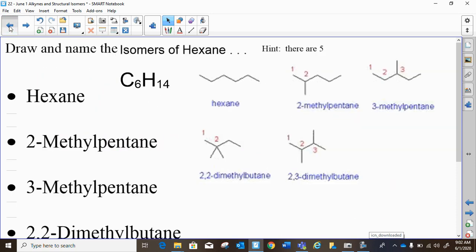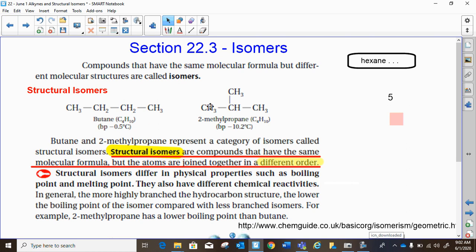Structural isomers, as I said, have the same molecular formula, but they're arranged differently. So if you look at these examples taken from your textbook, you'll see butane has 4 carbons, 10 H's. And then you'll see 2-methylpropane has 4 carbons and 10 H's.